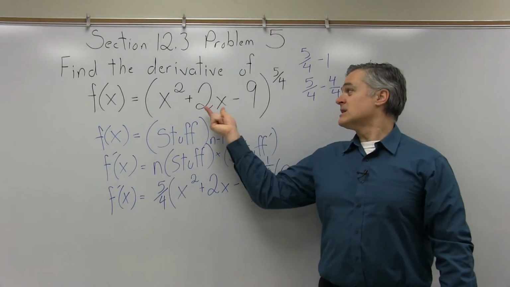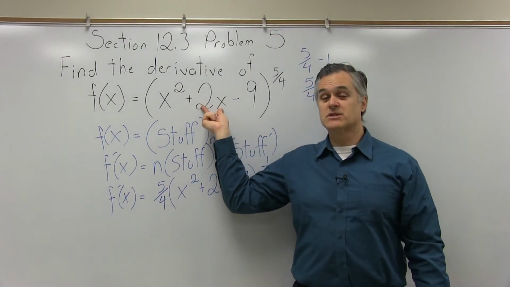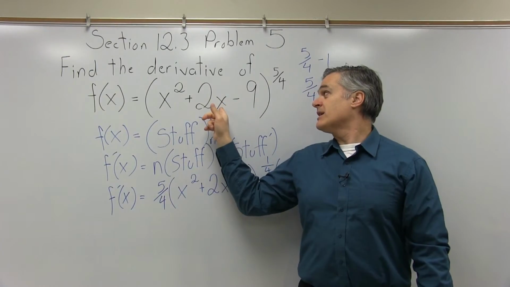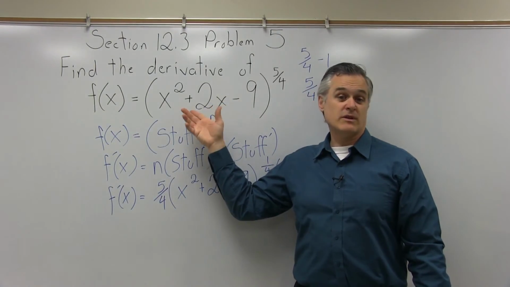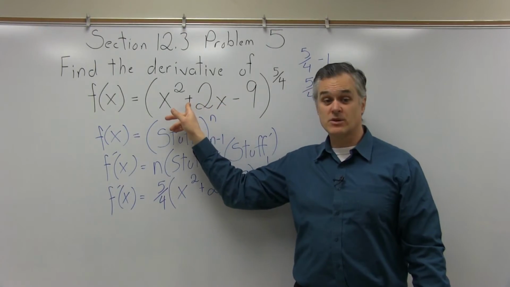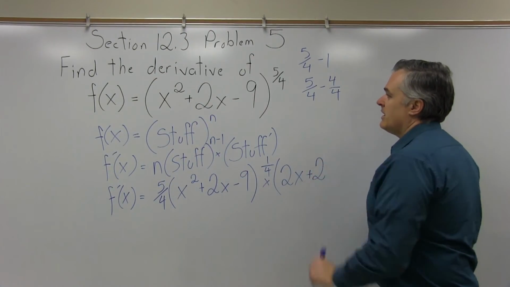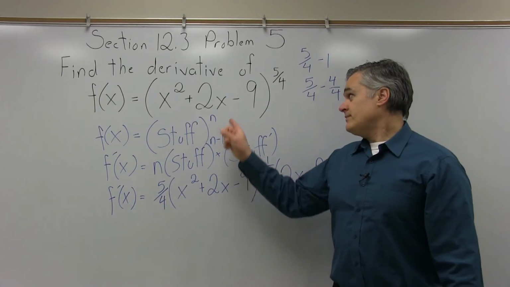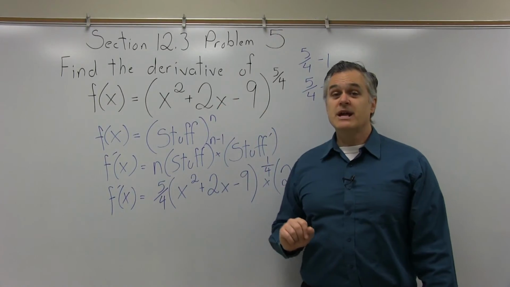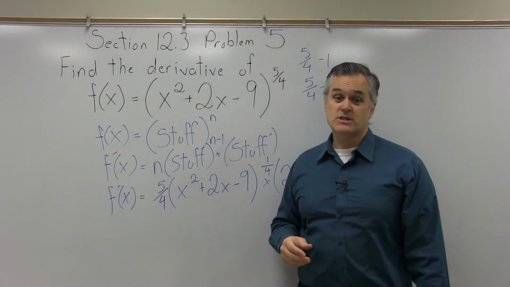Now, the next piece of the stuff in the middle, the 2x to the first, its derivative is 2. Again, when I have an x to just the first power, the derivative is whatever number is in front of the x, including the sign. So in this case, positive 2. And the minus 9 on the end, it has no x with it, so its derivative is just simply 0.